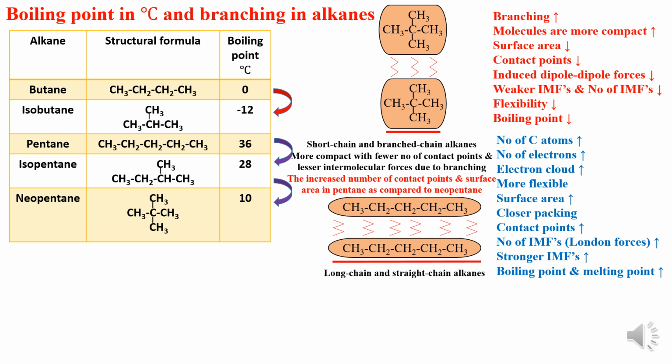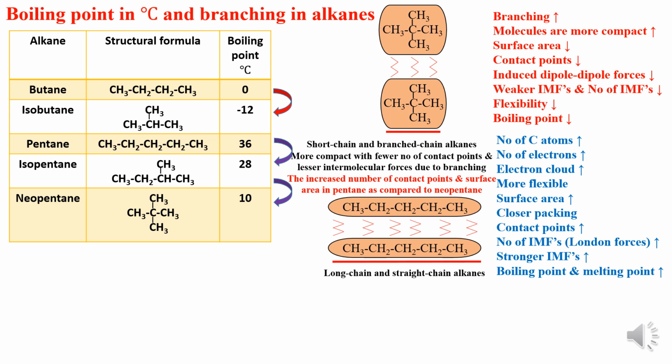So in case of alkanes with branching, that is, as the branching increases, the molecules become more compact, the surface area decreases, the contact points as a result decrease, and this leads to reduced induced dipole-dipole forces, and this leads to weaker intermolecular forces, and the number of intermolecular forces as well decreases, and there is less flexibility.